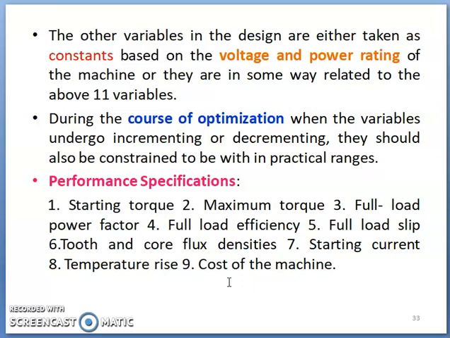Then coming to efficiency, the designer has to decide a maximum. In the case of an energy efficient machine, efficiency is more than 95%. In that case, he can make some compromise with the cost of the machine to arrive at better efficiency, reliability, and durability. Then, looking at other loadings, starting current and temperature rise are very important performance parameters.